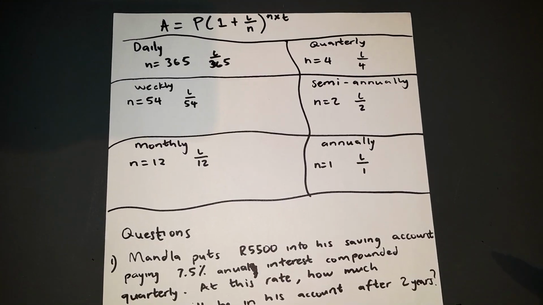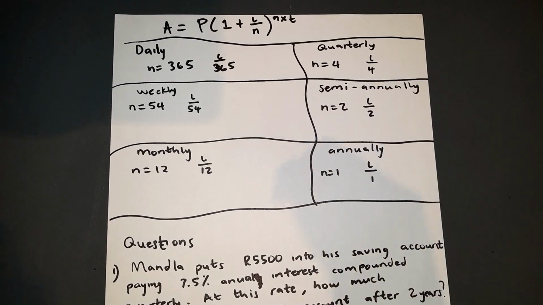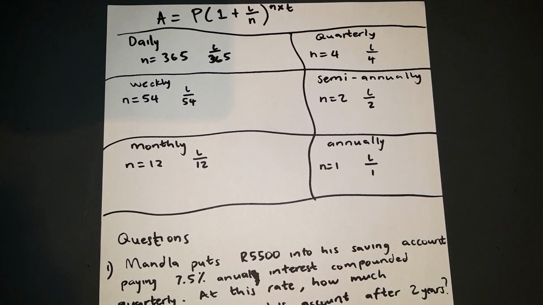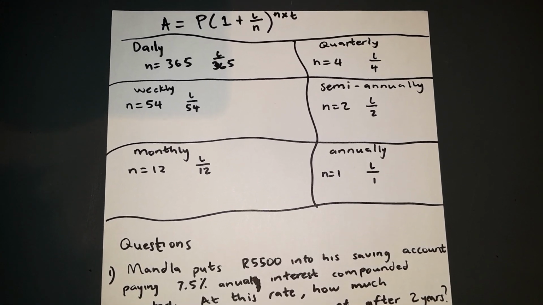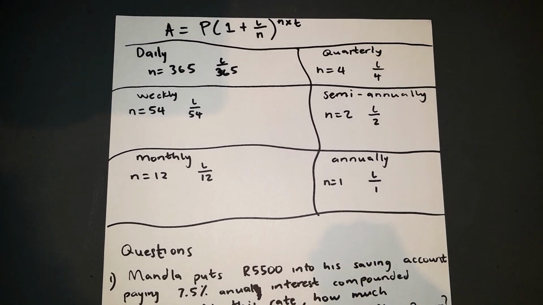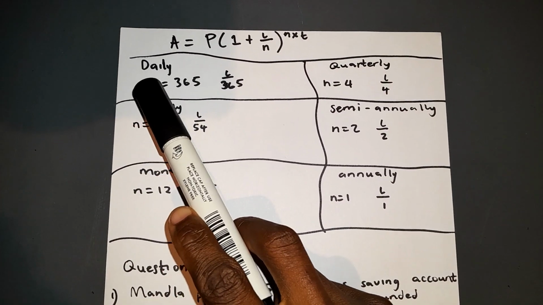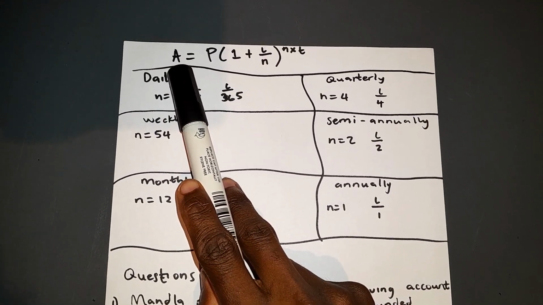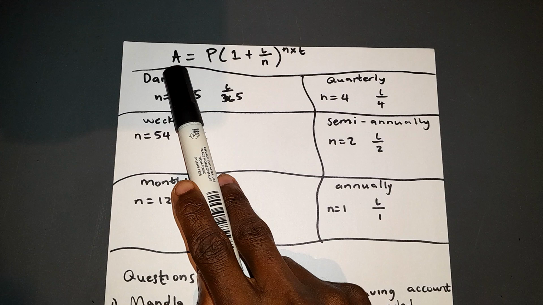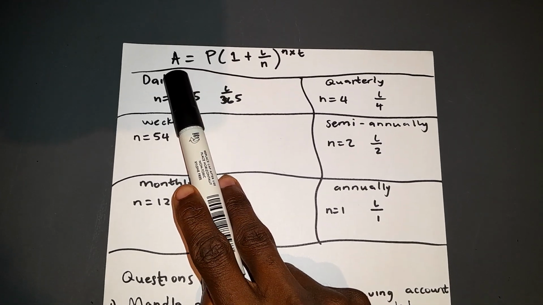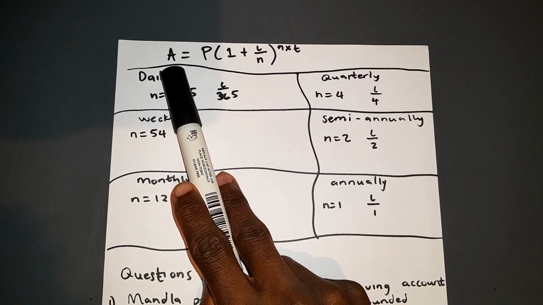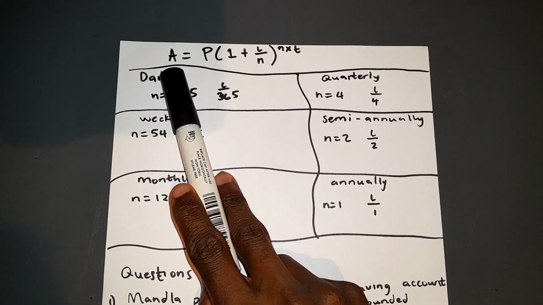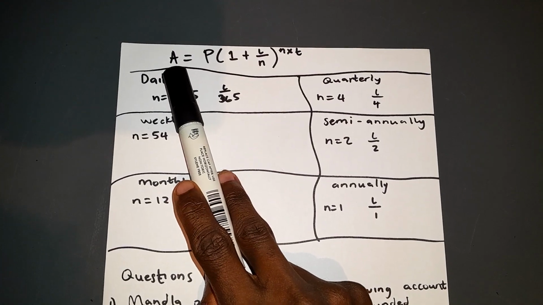So now we can start. So first of all, before we start, let's take a look at these notes here. Remember from the previous lesson, we discussed the meaning of the symbols like A, which is the accumulated amount, the income after interest.